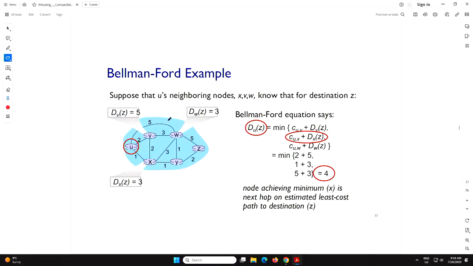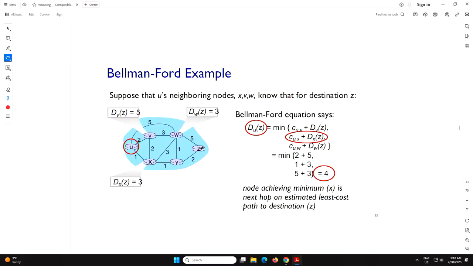And if it listens to W, then going to W is already 5, and W is saying I can go with 3. So it's 5 plus 3, 8. So if you look at the minimum here, the minimum is 1 plus 3, equal to 4, and it's coming from X. So you would say that the shortest path for me for now would be next hop X, and my cost would be 4 if I want to go to Z, right? So this is the Bellman-Ford logic.